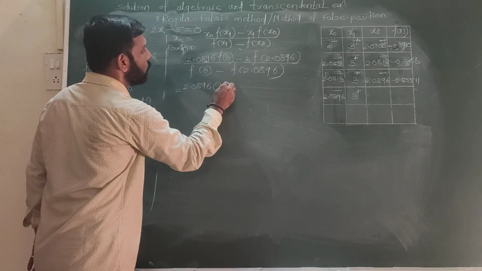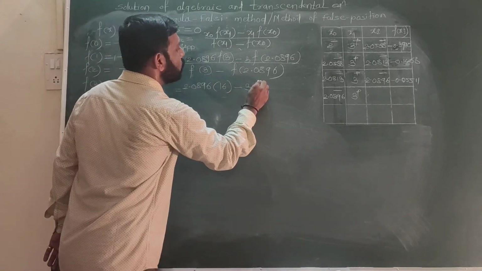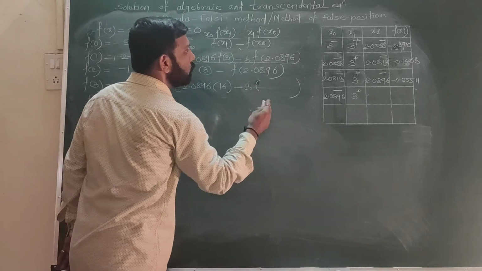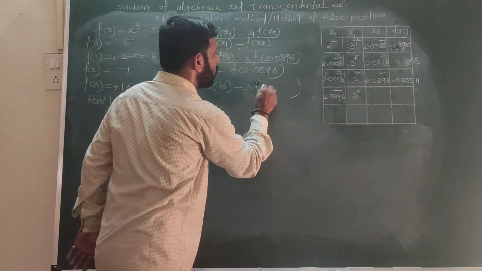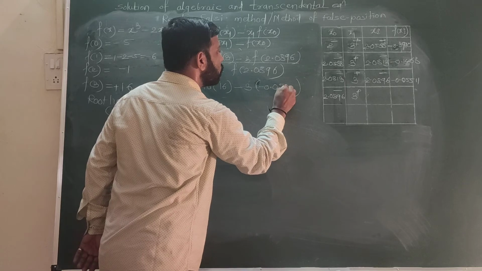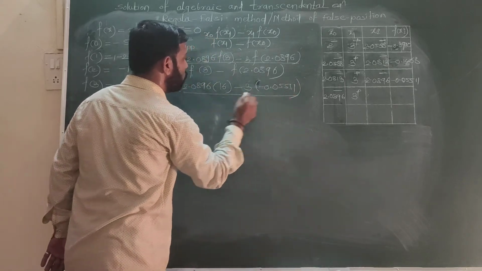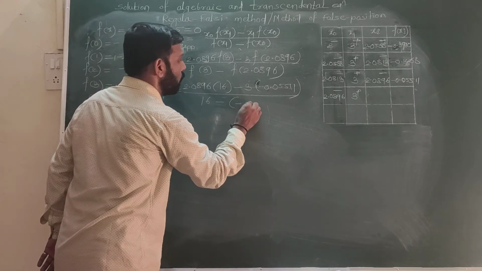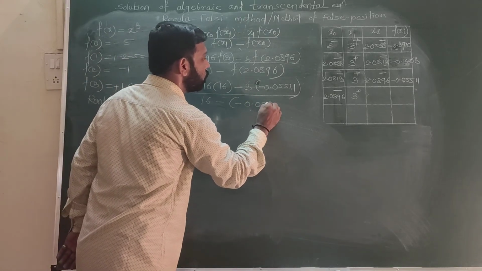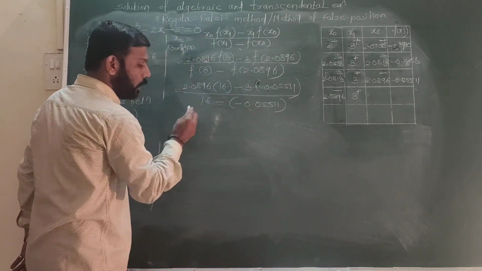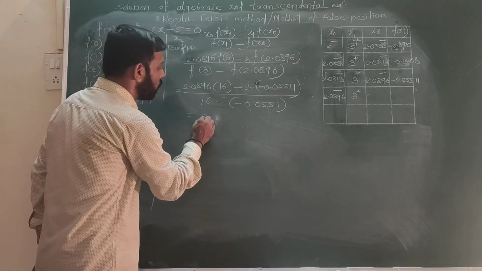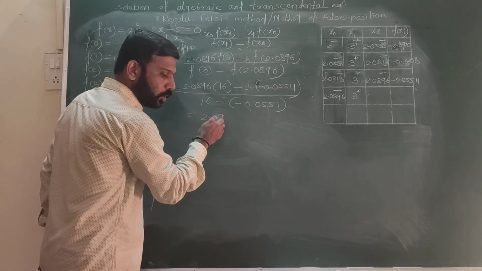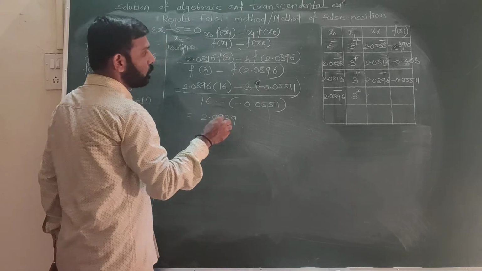This value we previously calculated, upon the same two brackets with the negative sign, and the output of this expression is 2.0939.